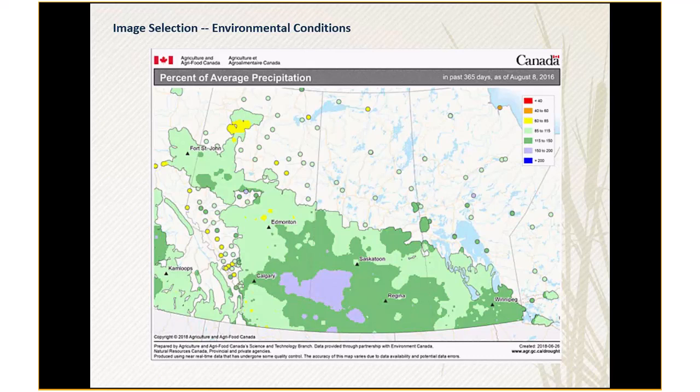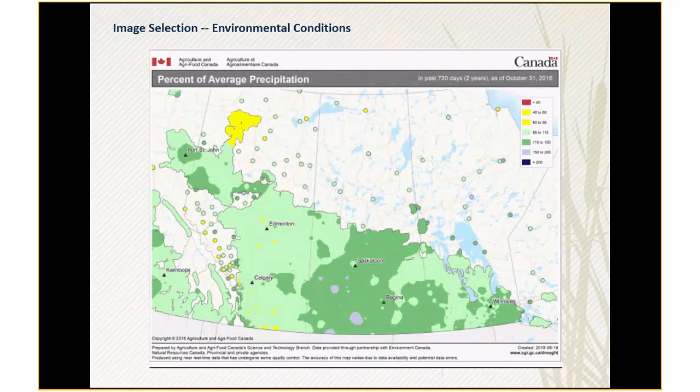So when we look at 2016, looking at AAFC's drought watch product, in the previous year, the conditions in the 2016 summer are normal to slightly above normal.